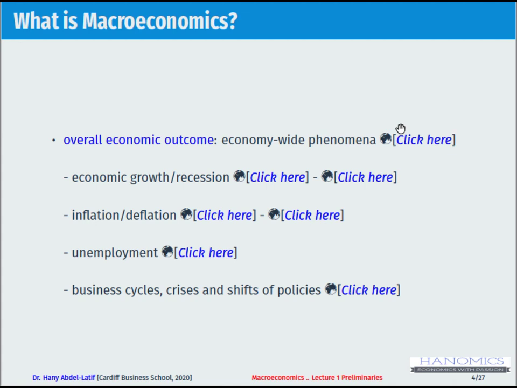So we have booms and recessions, and what determines these cycles. So we need to study these. These are just some examples of what we will be covering, and what we are generally interested in in macroeconomics.